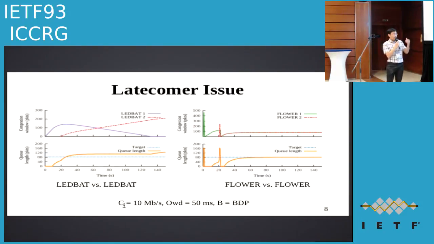You can notice that at the beginning Flower used the slow start mechanism, but we stress that a slow start mechanism can help to mitigate the latecomer issue, but does not solve it completely. So, in fact, the slow start mechanism combined with the fuzzy controller can help us to solve the latecomer issue.